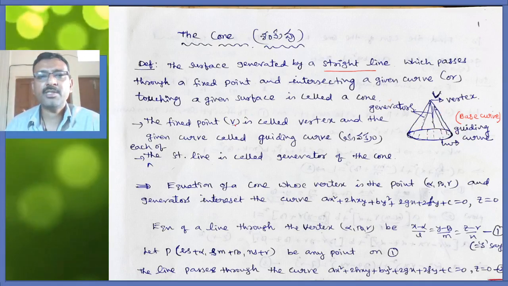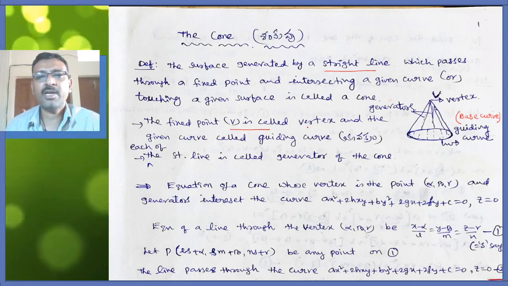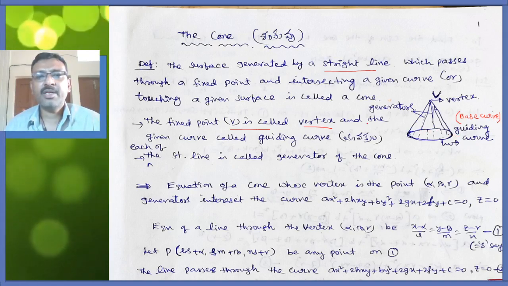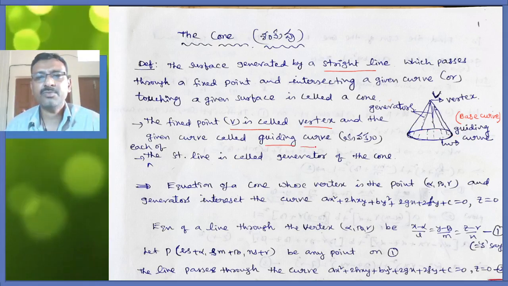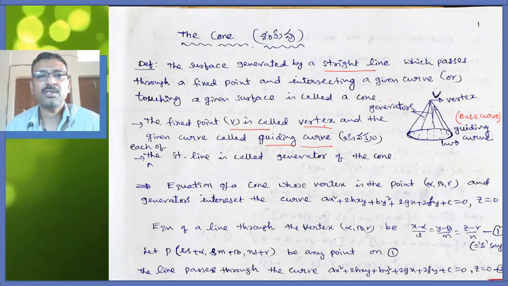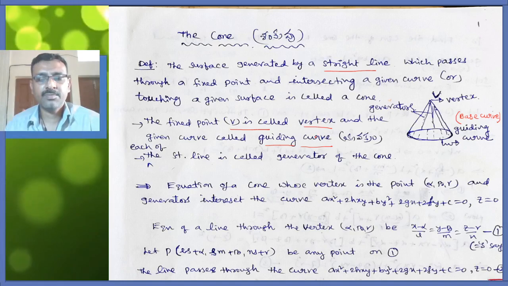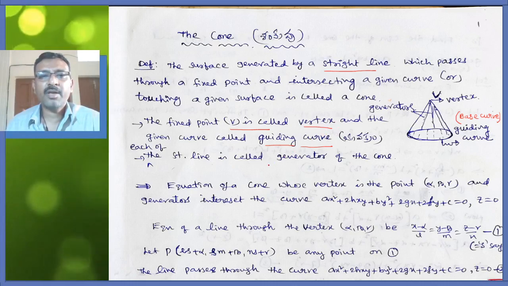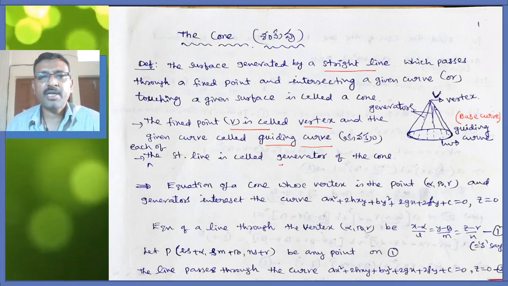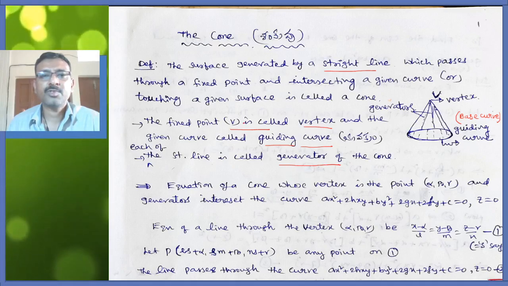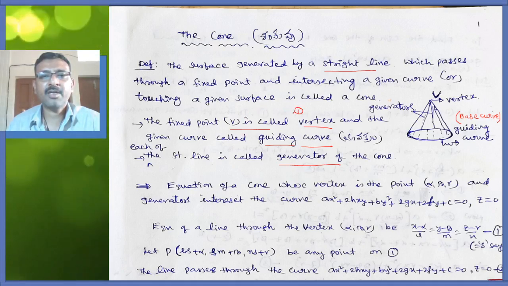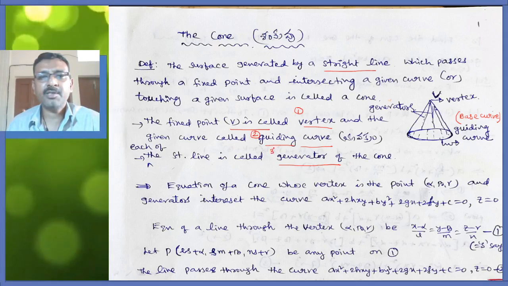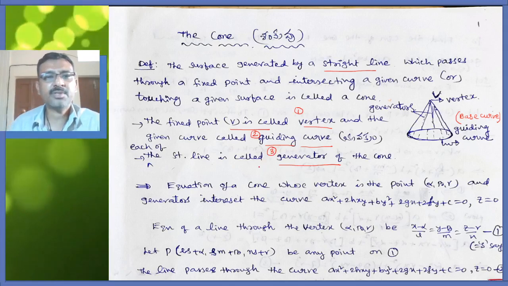Here the fixed point V is called the vertex and the base curve is called the guiding curve. You have to remember these technical terms. So the vertex is the first technical term, guiding curve the second, and generator the third. These are the key terms.